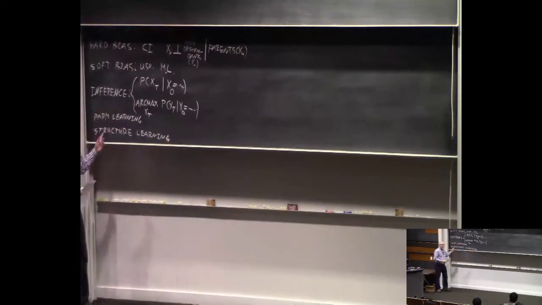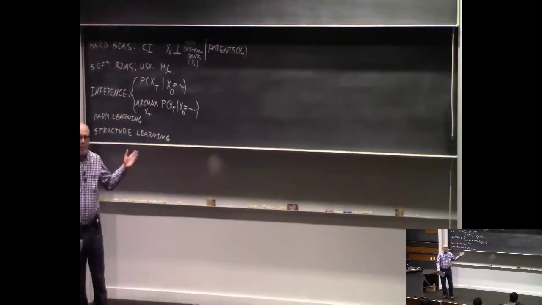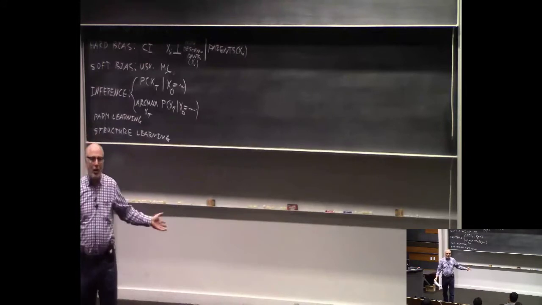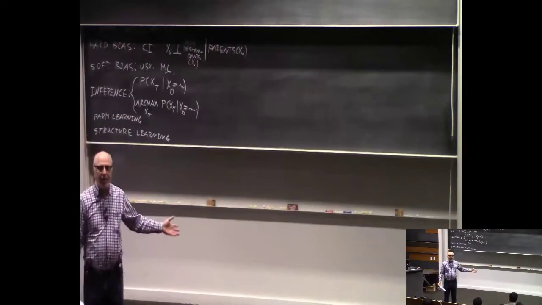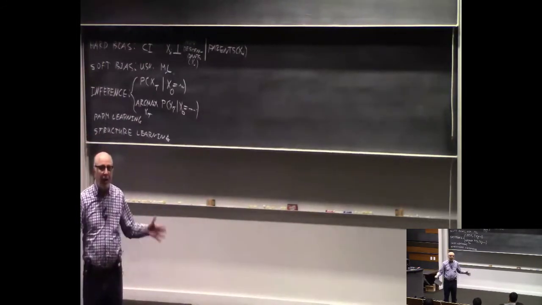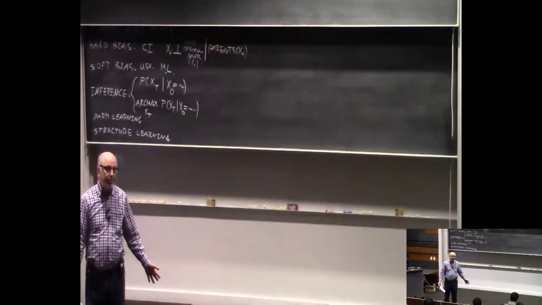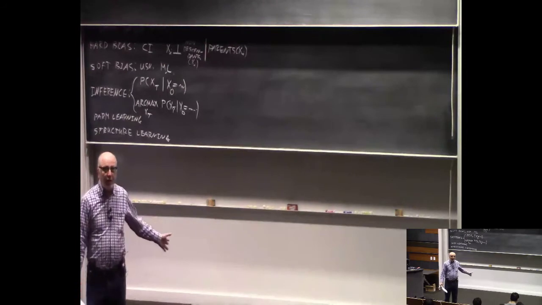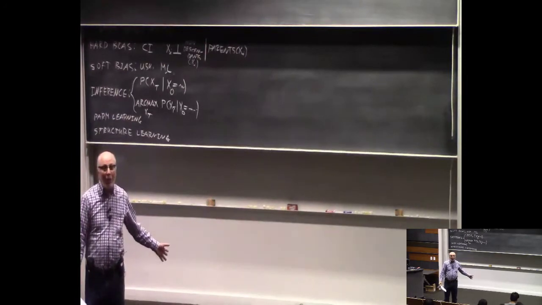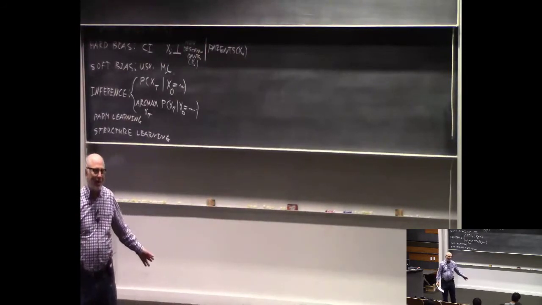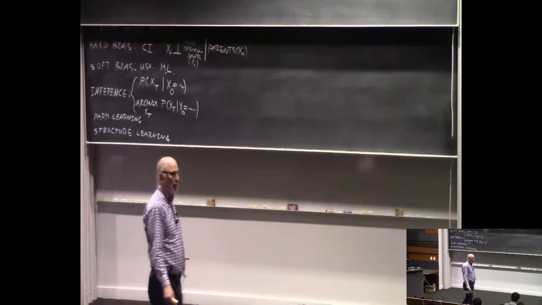You can think of parameter learning as applying the soft bias, or using the data to derive a maximum likelihood estimate within a particular structure, within a particular graph. And you can think of structure learning as trying to choose the right hard bias, using data to choose the right hard bias.